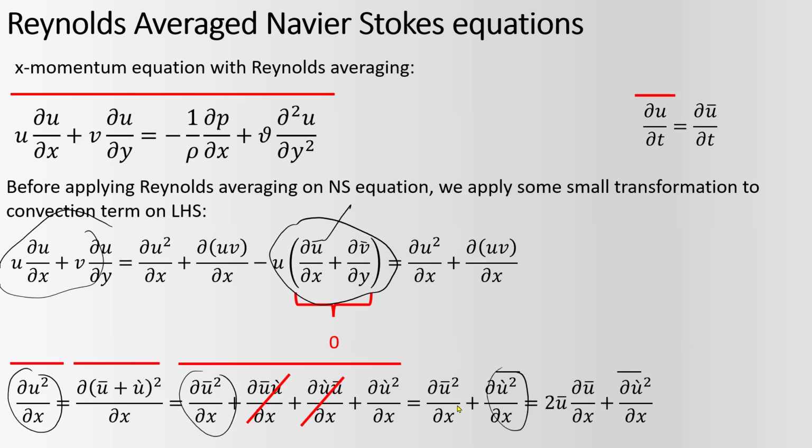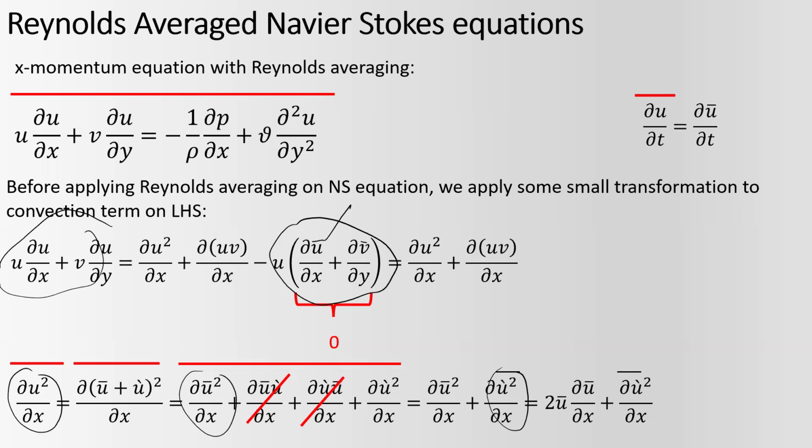See here that any change with the mean value and this term will be 0 by the rules of derivatives.